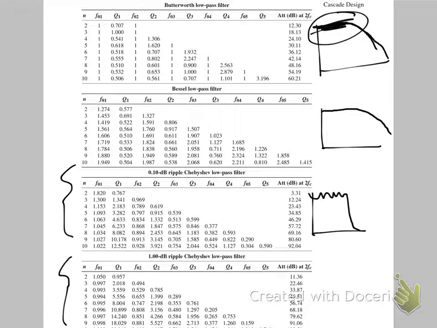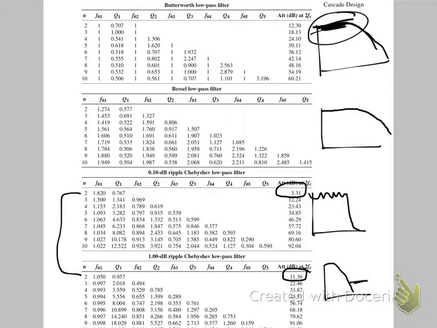The one thing with your Chebychev is that if you have more ripple, that means it's going to cut off faster. As you can see, if you look at these two values right there, these are both second order low pass amplifiers. But you can see the attenuation here.